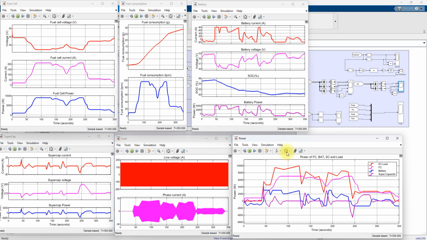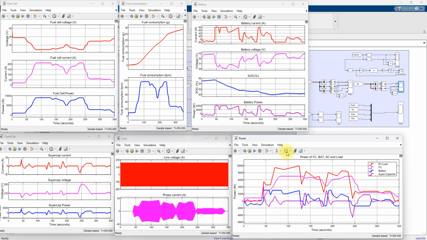Suppose the EV load power suddenly drops. That means the system has some excess power, so the supercapacitor goes for charging for a short time.